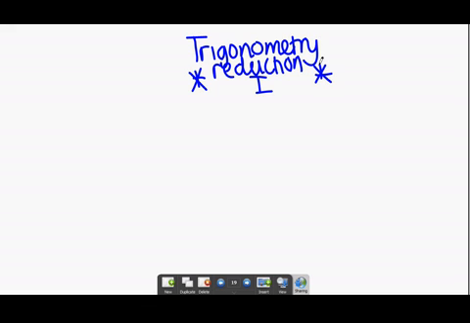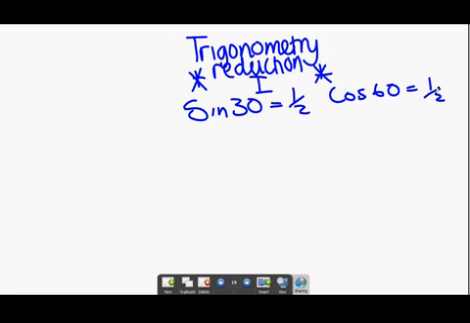What I find helpful is that even though the examiner says you're not supposed to use a calculator, I can use it when I'm cheating, but not that I'm saying I'm cheating. If I know that they want sine 30, I know that it's half, just like cos 60. Cos 60 is also half, right?